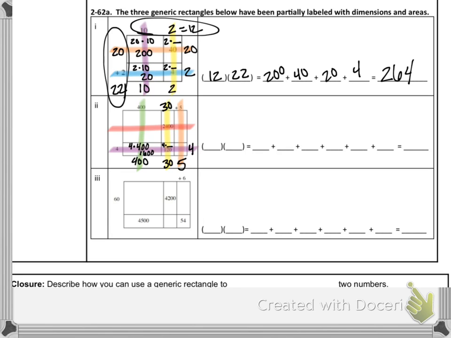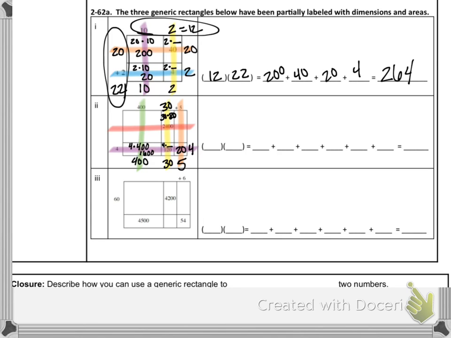Moving along the rest of this row, I have 5 times 4 on the outside, so I can do 5 times 4 and end up with 20. If I move up to my top row, I can work with the yellow first, the yellow and red, because I know 30 times something gives me that 2,400, so I can go backwards with that and do the inverse. 2,400 divided by 30 will leave us with 80.